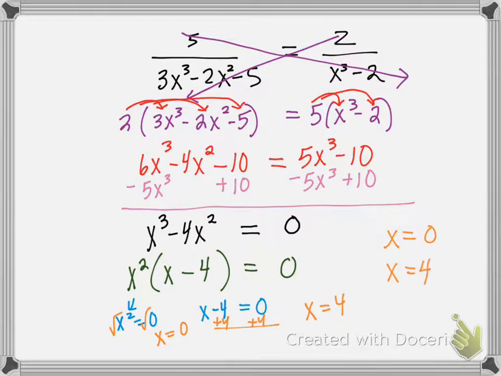Let's take a look if we have any extraneous solutions. So again, it's an extraneous solution if you plug in that solution and your denominator is 0 because you can't divide by 0. So let's take a look and make sure that none of my denominators would be a 0. So let's start with the solution x equals 0. So if I plug in 0, this would turn this first term into a 0.